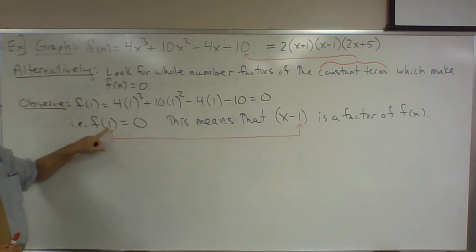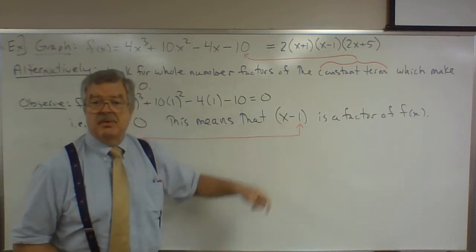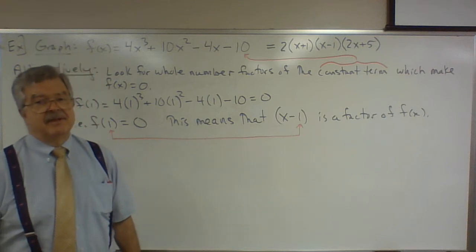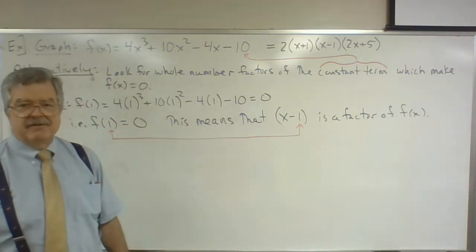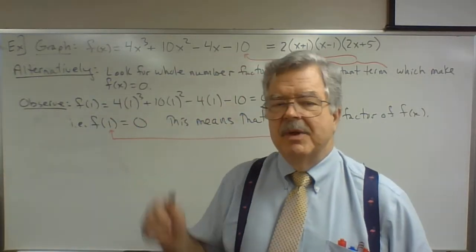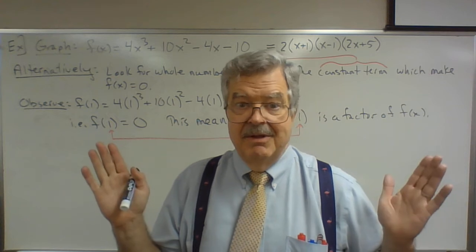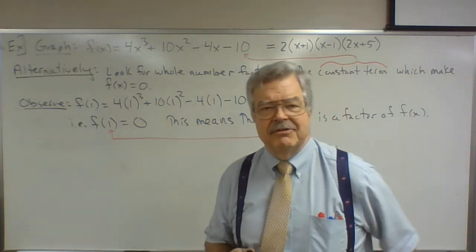F of 1 equals 0, so x minus 1 is a factor of f of x. Son of a gun. Talk about luck. We plugged in the first factor and we got 0. Let's see if we can get some more factors.